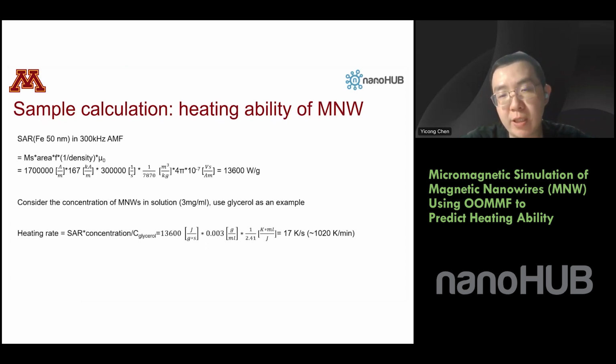Actually, since we are only doing this for a DC field, we have to assume a frequency if we want to put this nanowire in an alternating magnetic field.